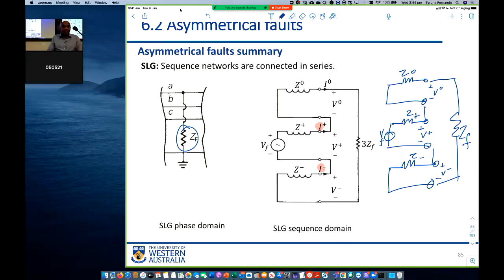You have to know the positive sequence current flows here, the zero sequence current flows there, and the negative sequence current flows there. You've got to know that, right? It's not as hard as you think to remember it, and in some way it's good to remember it, because otherwise you don't know what you're doing, sort of.